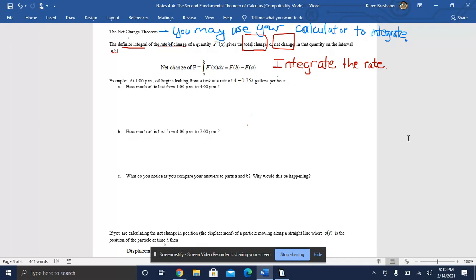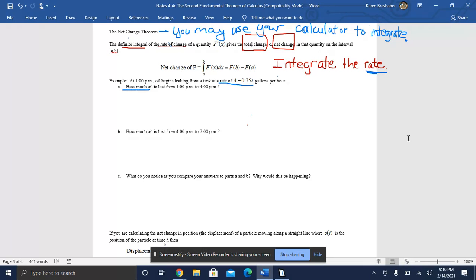So you'll see that I have an example about oil leaking. And my question is about how much oil, and my given information is the rate at which the oil is leaking. So there I'm wanting to calculate the total change or that net change in the amount of oil. And the information that I'm given is the rate at which it's leaking.